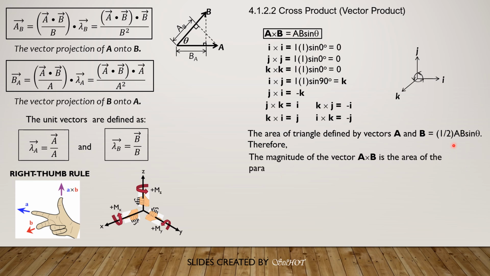Therefore, doubling that area gives the area of the parallelogram formed, and therefore the interpretation is that the magnitude of A cross B, because this is a vector, is the area of the parallelogram formed on the vectors A and B. You position your fingers towards A, curl them towards B, then it will define another vector A cross B, and the magnitude of A cross B is the area of this parallelogram.